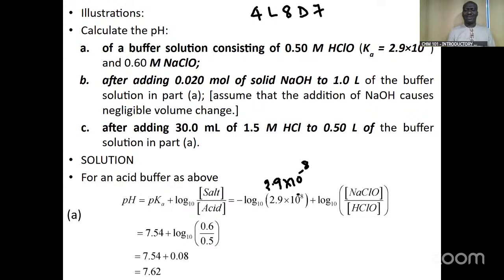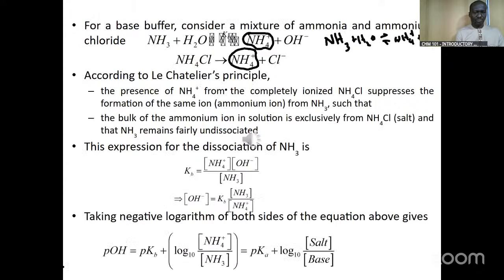The sodium hydroxide will definitely, being a strong base, react with HClO. Let's write that so we know what happened there. So this one will happen. Let me delete that. Okay, don't worry.